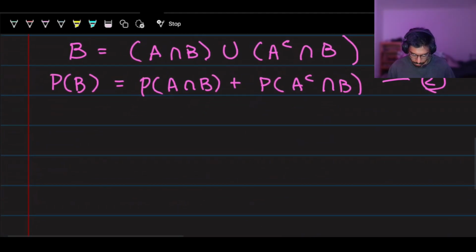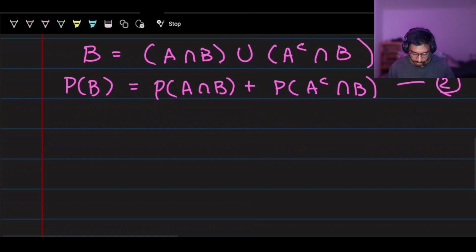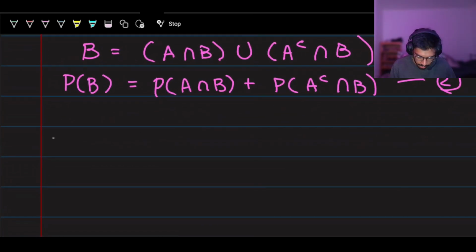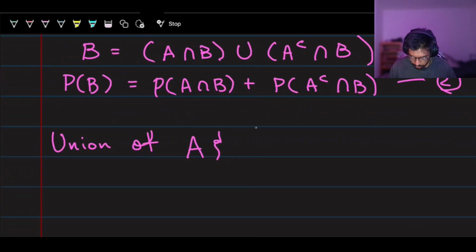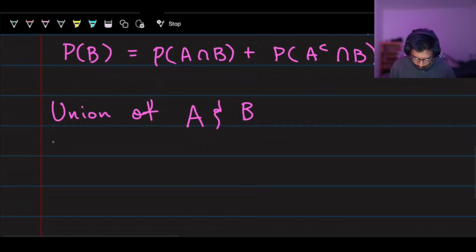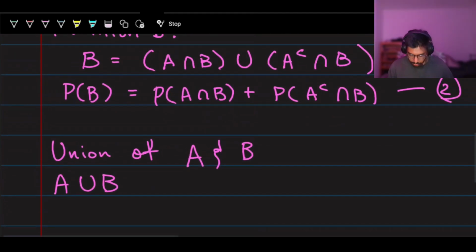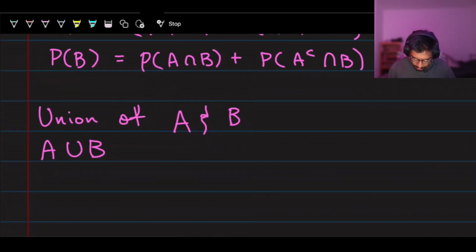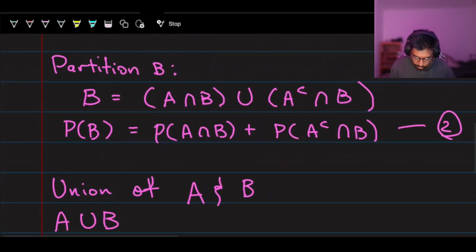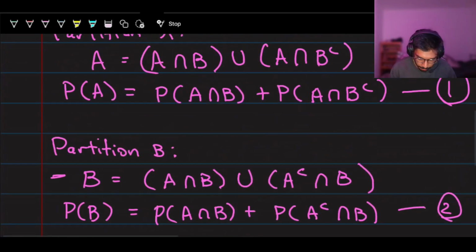Next, let's look at the union of A and B. If we take A and B, we see that it is the union of our A event here with our B event here.